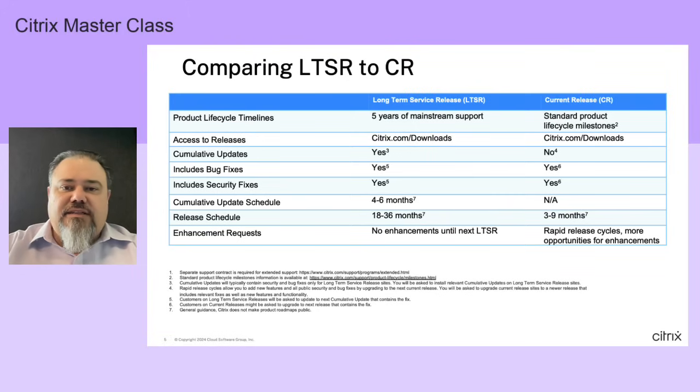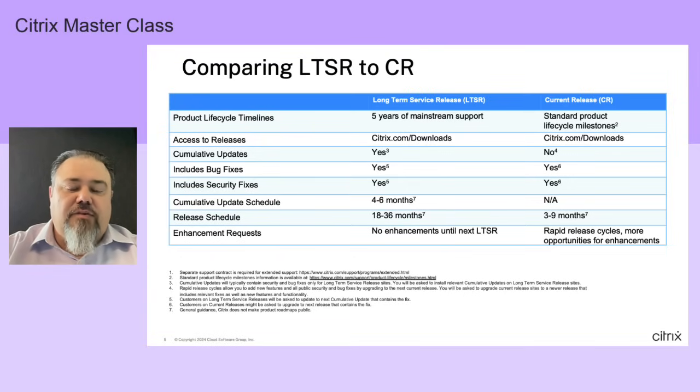A little bit about LTSR and the CR. For our LTSR, we do 5 years of mainstream support. For the current release, if there are any fixes that need to come out, you always have to upgrade to the latest current release to get those fixes. It's every 3 to 4 months that we release those. They're both available online. The long-term service release, the LTSR, does have cumulative updates.